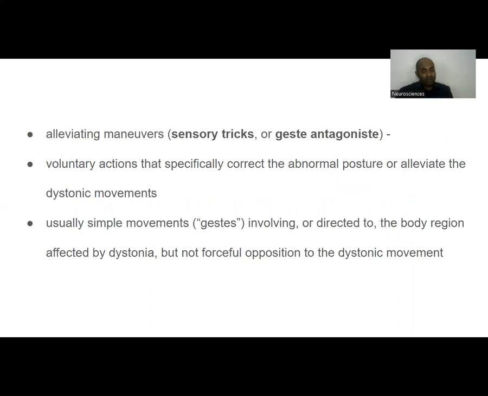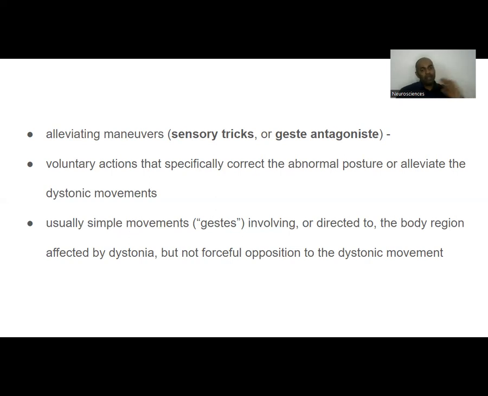Apart from the movements and postures, another core phenomenology is alleviating maneuvers, also called sensory tricks or geste antagoniste. They are voluntary actions that specifically correct the abnormal posture or alleviate the dystonic movements. They are usually simple movements directed to the body region affected by the dystonia, but not forceful opposition to the dystonia. For example, in cervical dystonia, patients can touch either the chin or the back of the head.